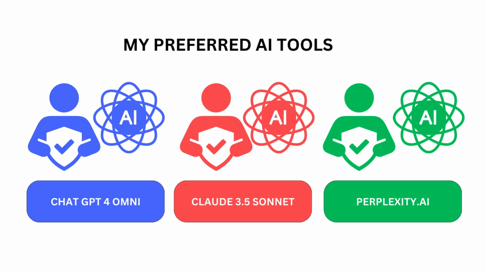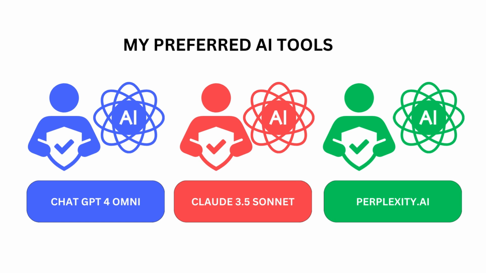What I wanted to say first of all is that I've gathered together my preferred AI tools because they each provide a specific and unique task and expertise for me in my genealogy journey.